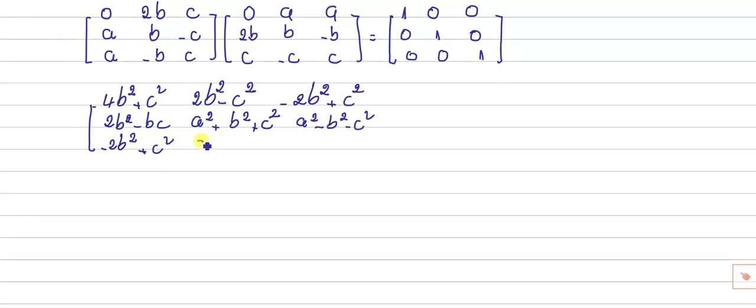And this one is A squared minus B squared minus C squared. And this one A squared plus B squared plus C squared.